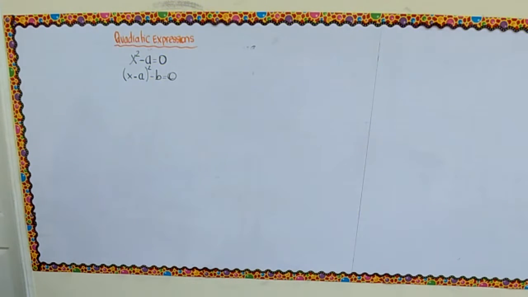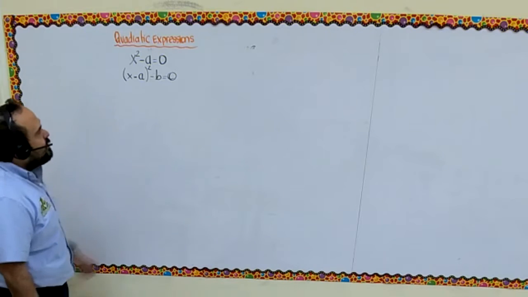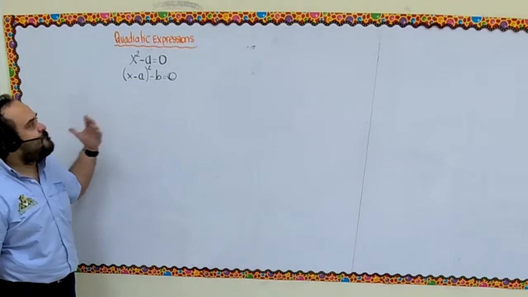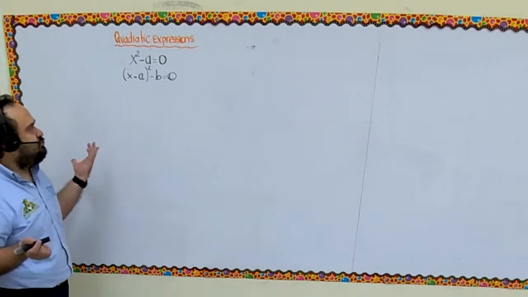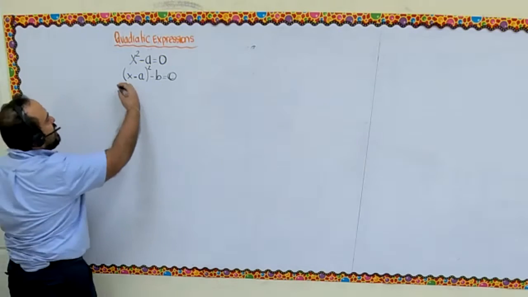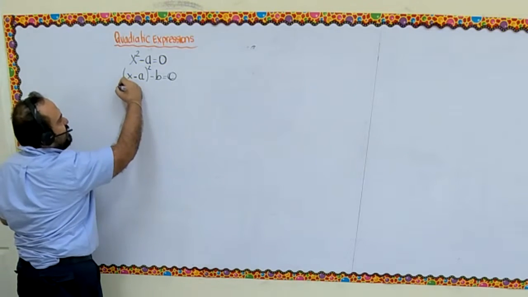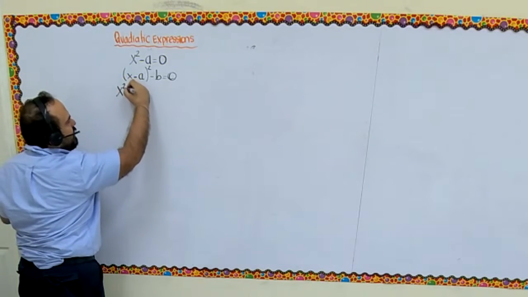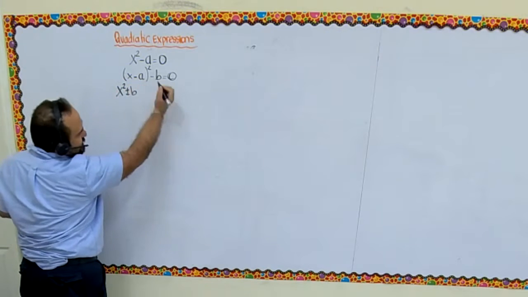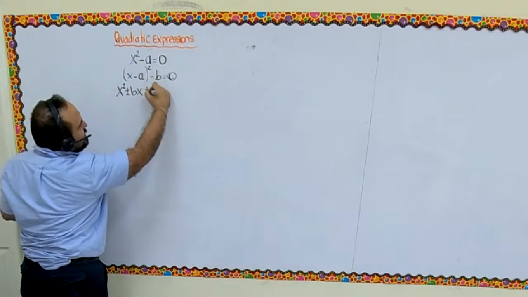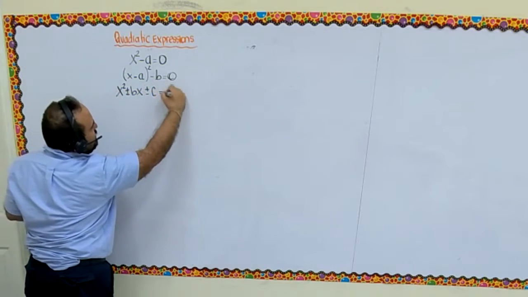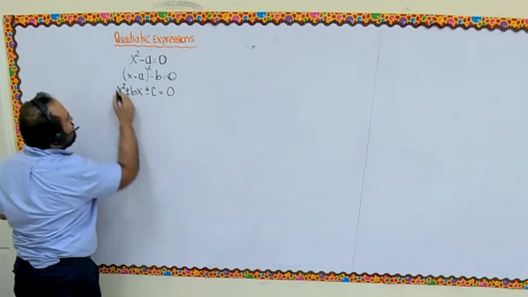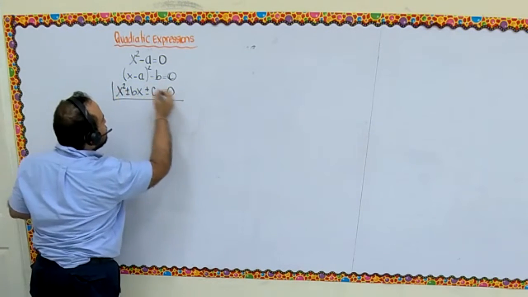But in this case, we're going to study quadratic expressions using the perfect square trinomial. Why is it a trinomial? Because the equation we're going to solve has the form x squared, positive or negative, depending on the case, px, positive or negative c, equal to 0.